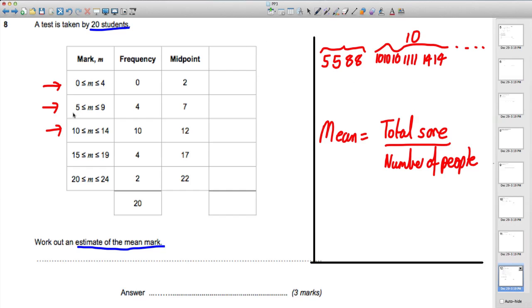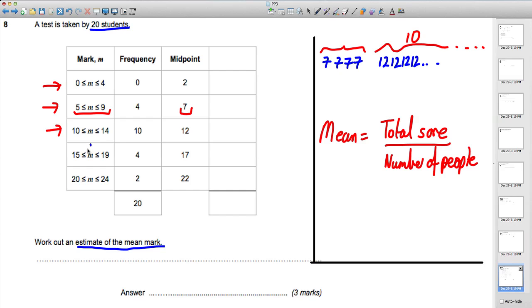Instead, between 5 and 9 we are estimating that 7's a good guess for the 4 scores there. So instead of 5 and 9, what we're doing is we're saying, well, let's just assume there was 4 7s because we don't know the scores, so let's estimate 7 is exactly halfway between the two. And here, instead of the actual 10, 10, 11, 11, 11, blah, blah, blah, let's just estimate that we got 10 scores of 12.